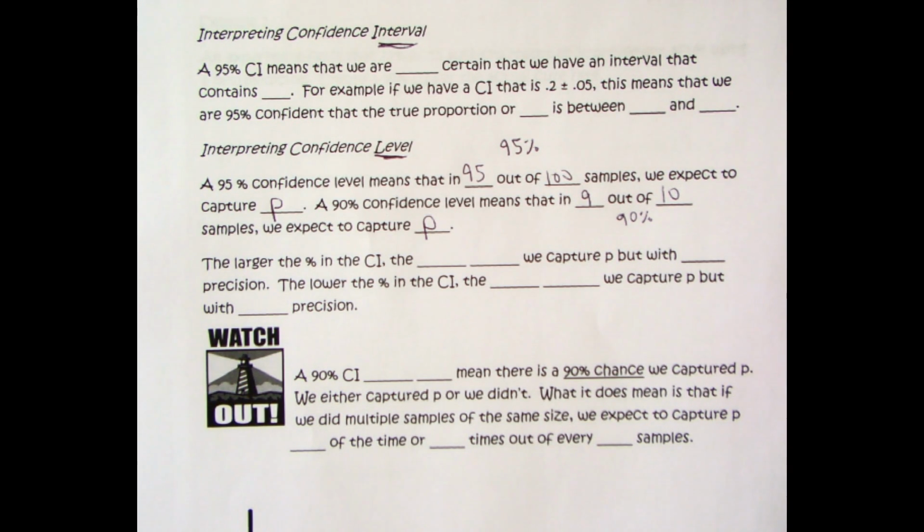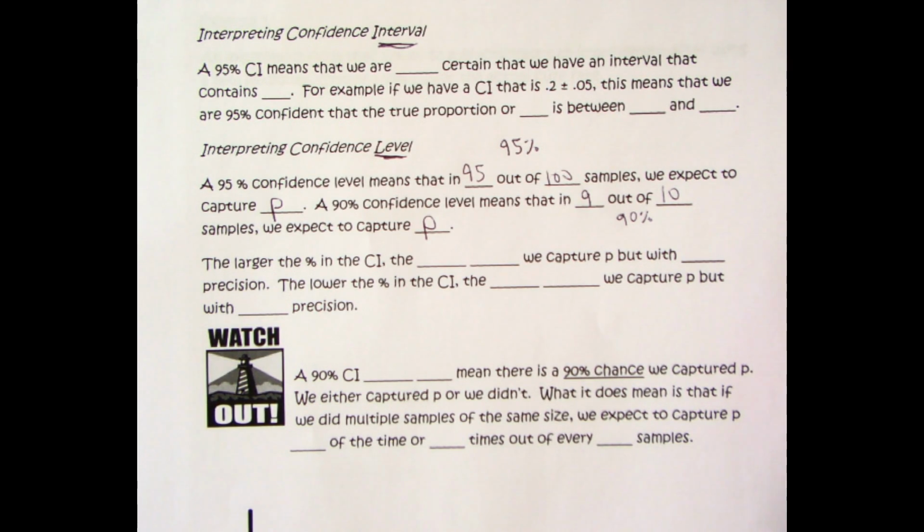Doesn't mean we did anything wrong. If our p is 50% and we get a p hat of 79%, we're pretty far away from our actual p, so our interval may not capture it. So that's what the confidence level means: the percent of samples that we expect to capture p.